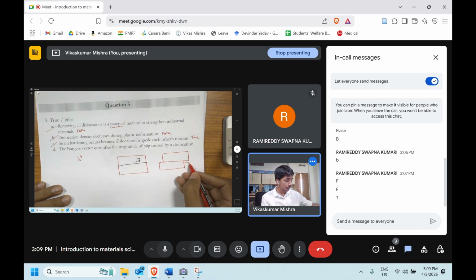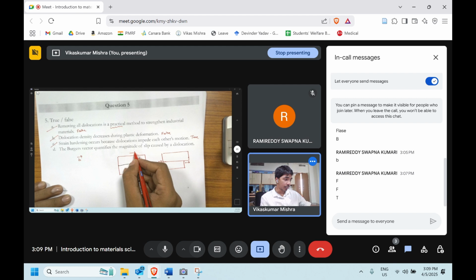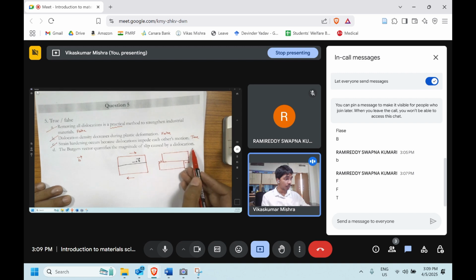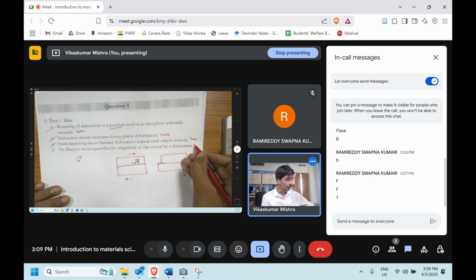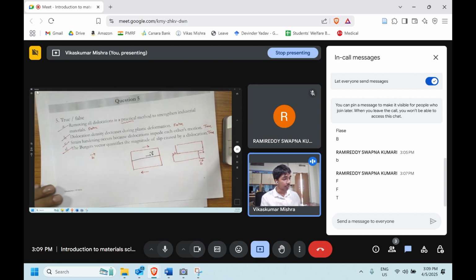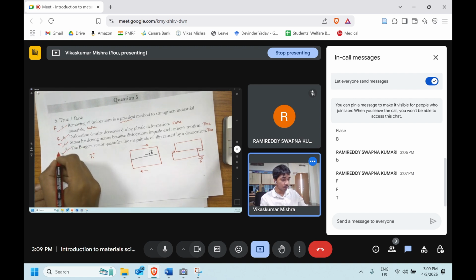This upper part has moved to the right side and this will move to the left side. So this distance, the step which is created, is nothing but a Burgers vector because they will move by that amount. So the Burgers vector quantifies the magnitude of the slip occurred by the dislocations. That's right, it's true. So we can write that it's false, false, true, and true.